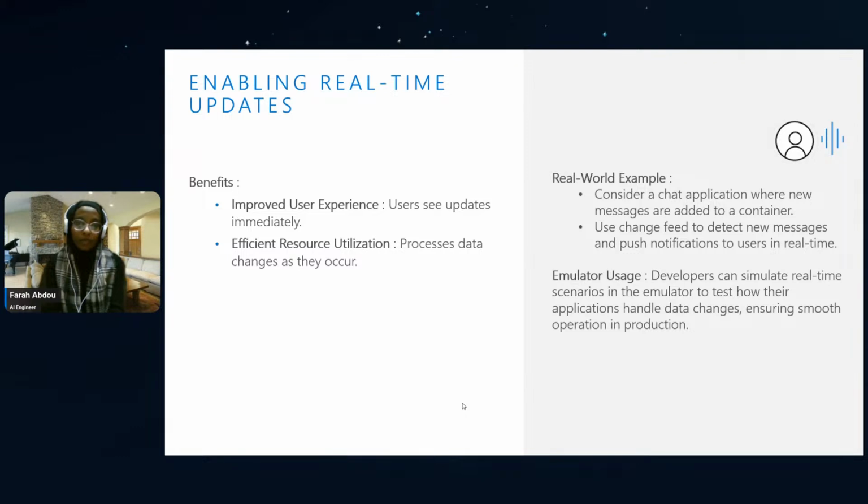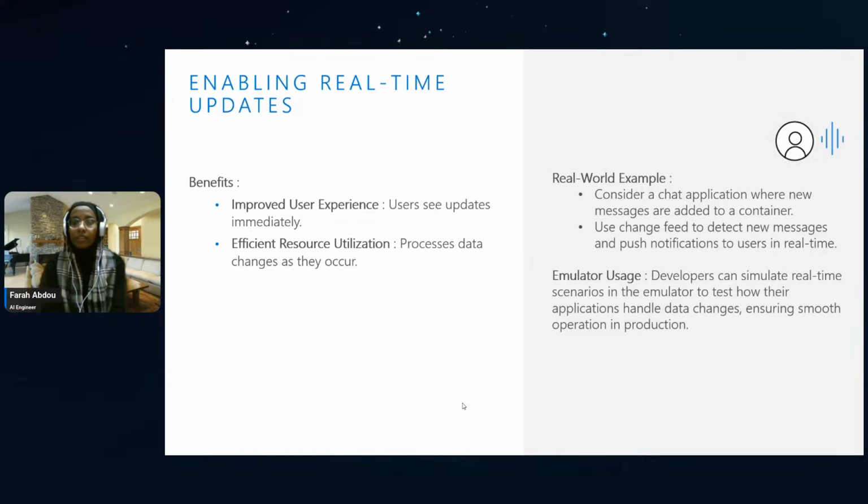Real-world examples are chatbots or chat applications that we are familiar with nowadays. New messages are added to a container, for example, and we can use the change feed to detect the new messages and push notifications to users in real time if something happens.